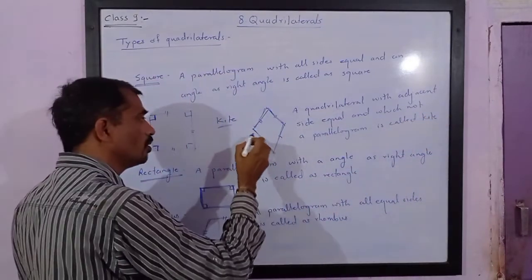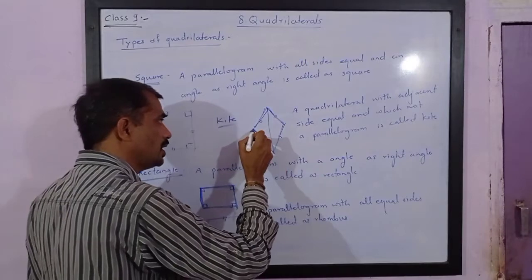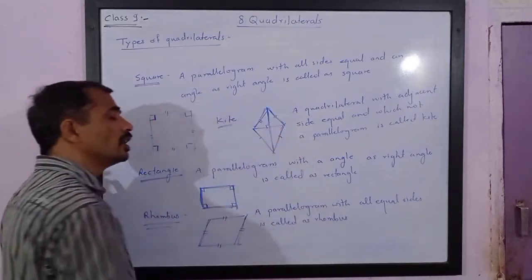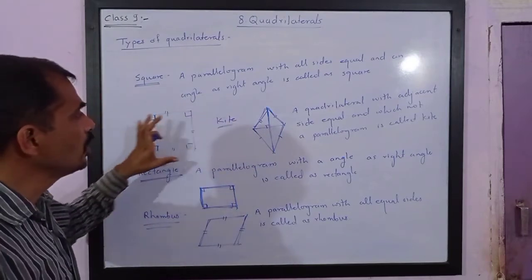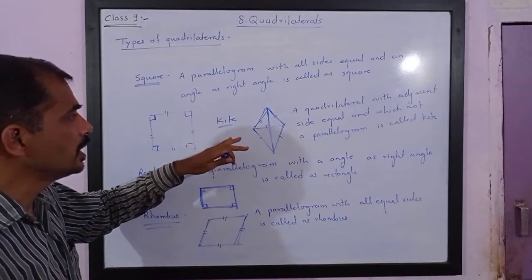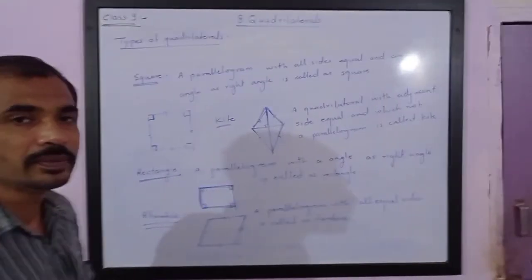Please note one more property. We have already studied diagonals of kite are perpendicular to each other. So we are going to study parallelogram in more detail and the formulas related to this.